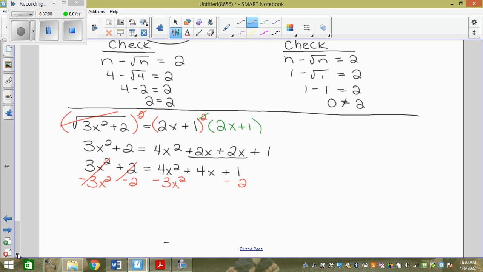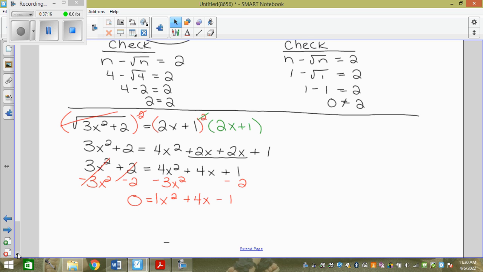I could have moved the 4x squared, the 4x, and the 1 over as well, but it has to be equal to 0. So now I get 0 equals 1x squared plus 4x minus 1.